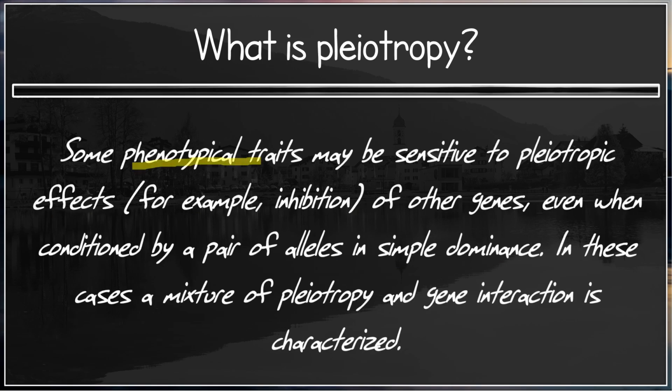Some phenotypical traits may be sensitive to a pleiotropic effect, for example, inhibition of other genes, even when conditioned by a pair of alleles in a simple dominancy. In this case, a mixture of pleiotropy and gene interactions is characterized.